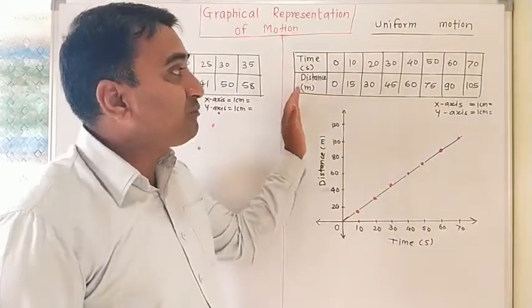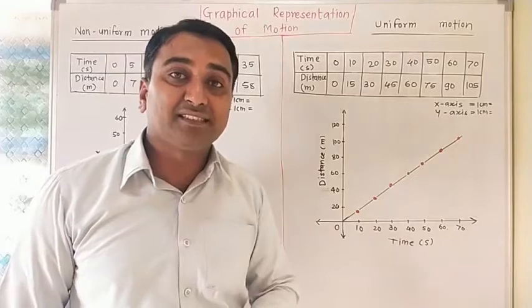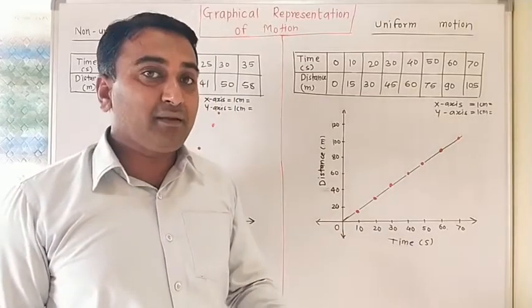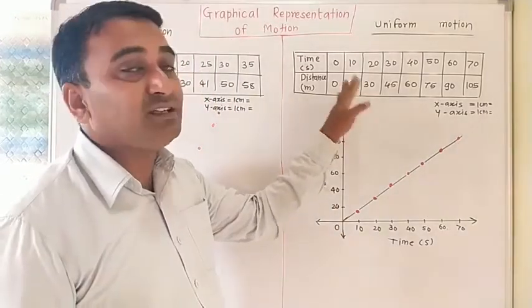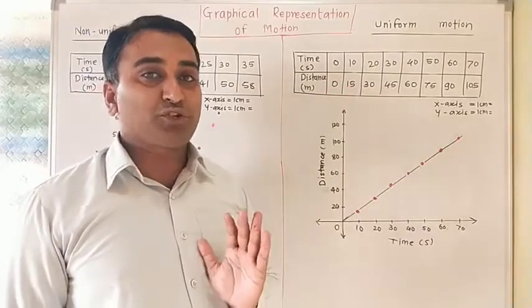So this object covers equal distances in equal time intervals, and this motion is considered uniform motion.